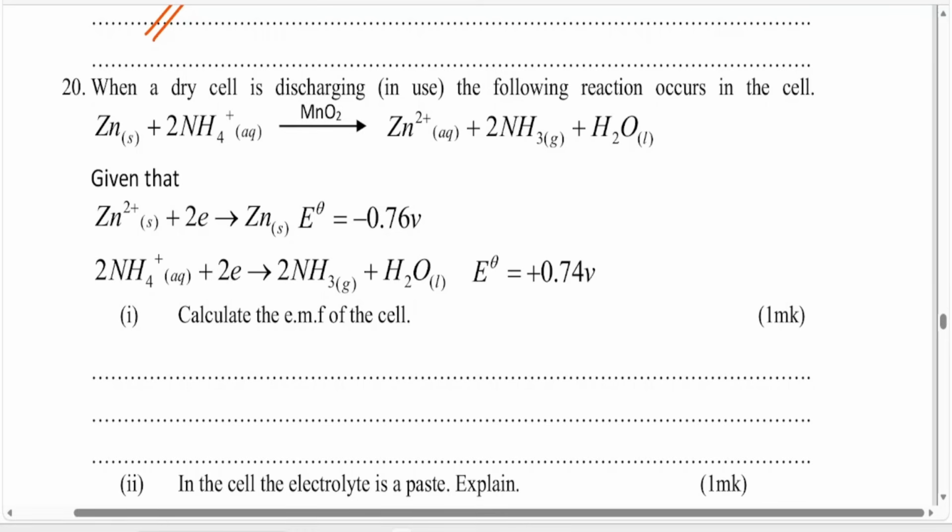We need to understand that this is electrochemistry, and the application for the dry cell, how it is used. We know what a dry cell looks like and what it has inside it: the carbon rod, which acts as the positive terminal, the zinc can, which acts as the negative terminal, powdered carbon mixed with manganese oxide, and a paste of ammonium chloride and zinc chloride, also found in the dry cell called the Leclanché cell.